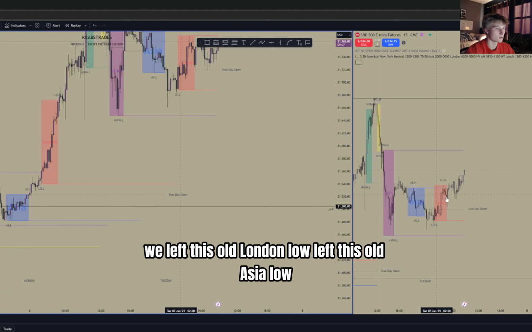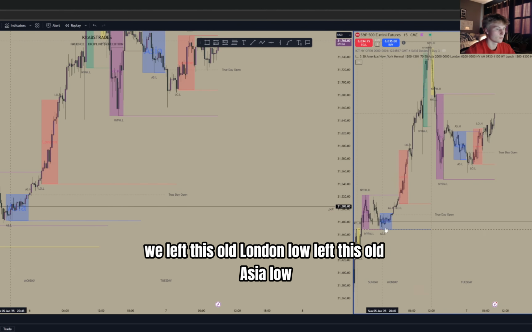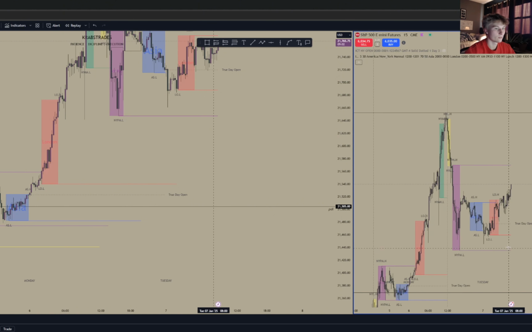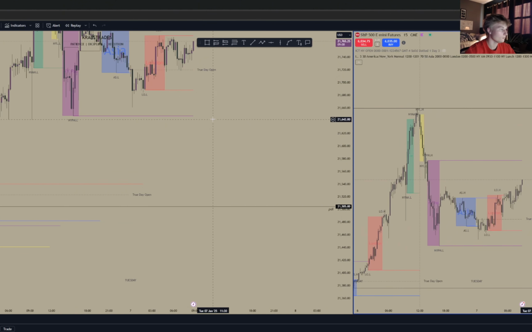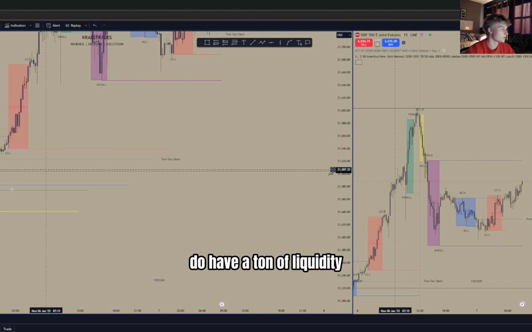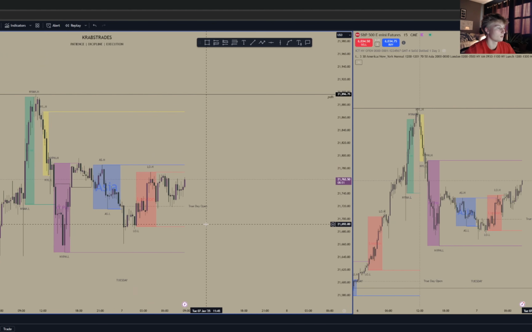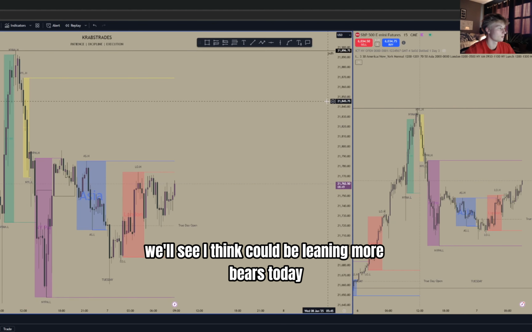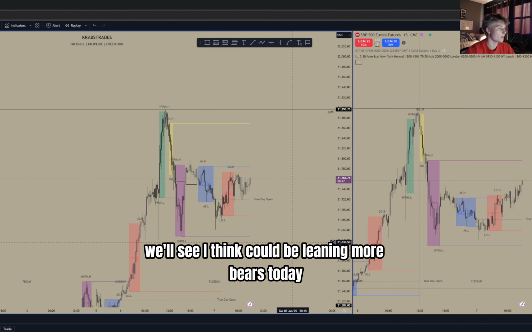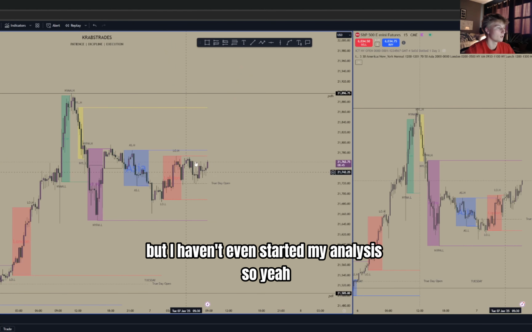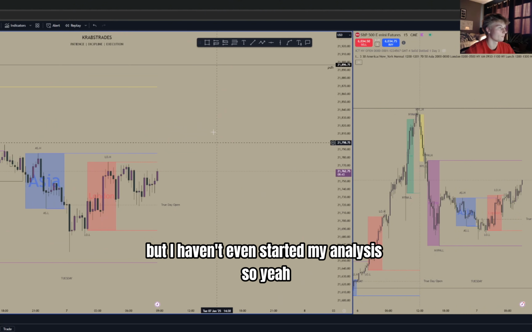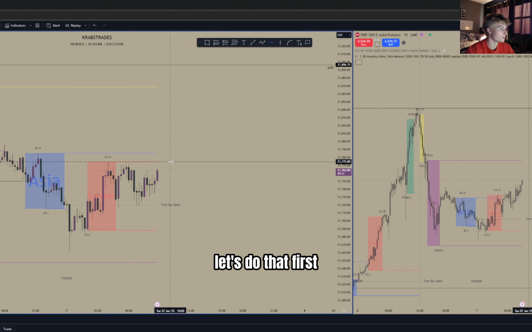We left this old London low, left this old Asia low. Do have a ton of session liquidity resting below right here, but we'll see. I think could be leaning more bearish today, but I haven't even started my analysis, so yeah, let's do that first.